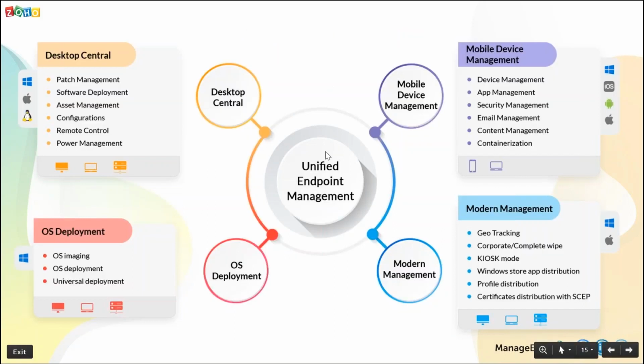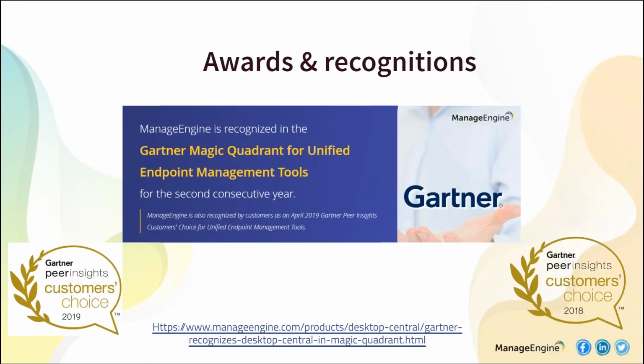This is the feature illustration of Desktop Central, pretty much a summary of all that we've been discussing so far. On one side, you have all the traditional management capabilities, while on the other side, you have mobile management capabilities and modern management capabilities. For UEM, Desktop Central has been recognized by Gartner.